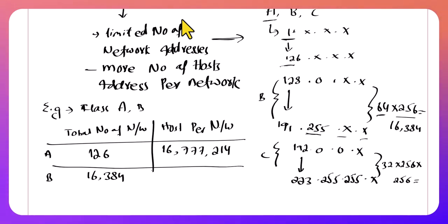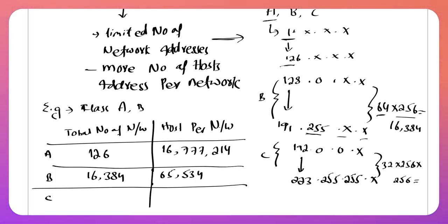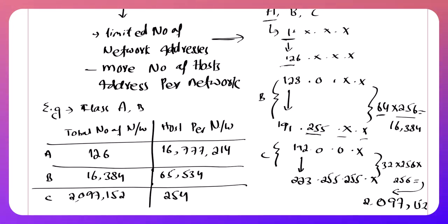That is 65,536 minus 2, which is 65,534. In class C the total number of networks, let me use the calculator, is 2,097,152. The number of hosts is 256 minus 2, which is 254. This is the number of hosts in class C.